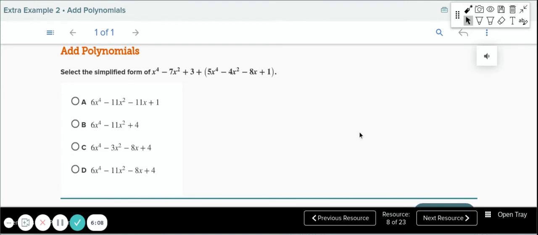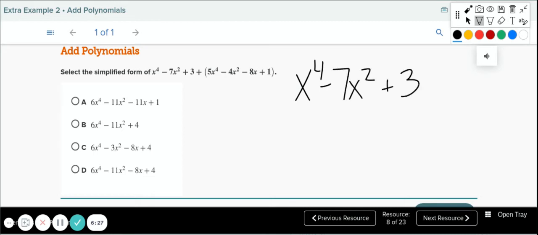All right, so for this one, although the first set is not in parentheses, that is our first polynomial. So we're going to do x to the fourth minus 7x squared plus 3.